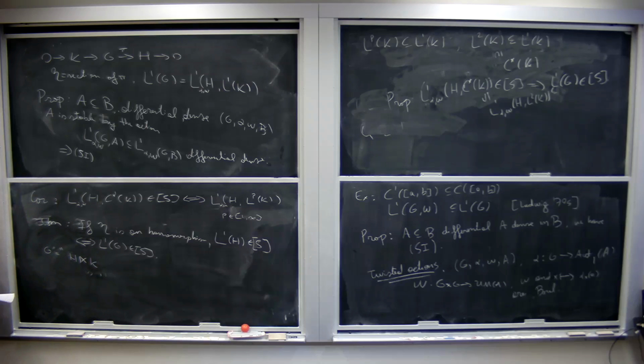Because the section might not be continuous. But anyways, it includes the case of semi-direct products. So in that case, I also get this, right? Just interchanging the roles of G and K. It's exactly the same.